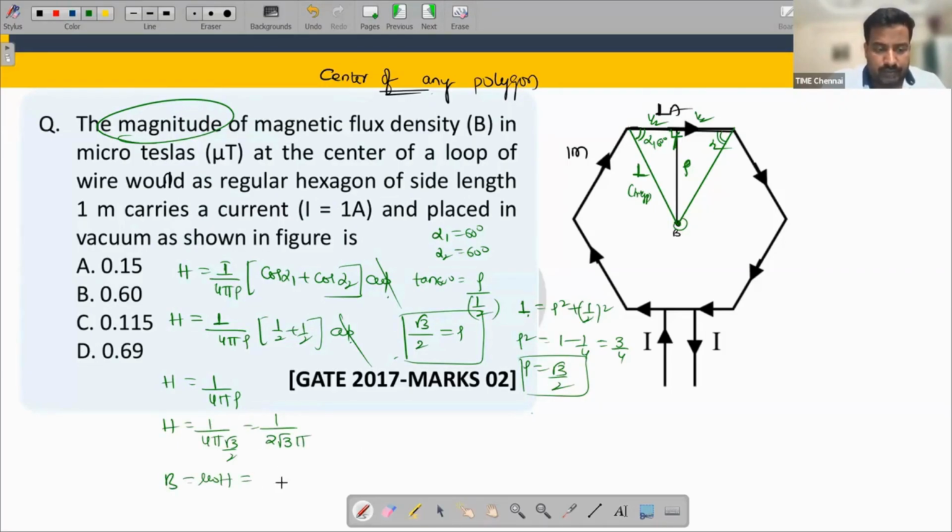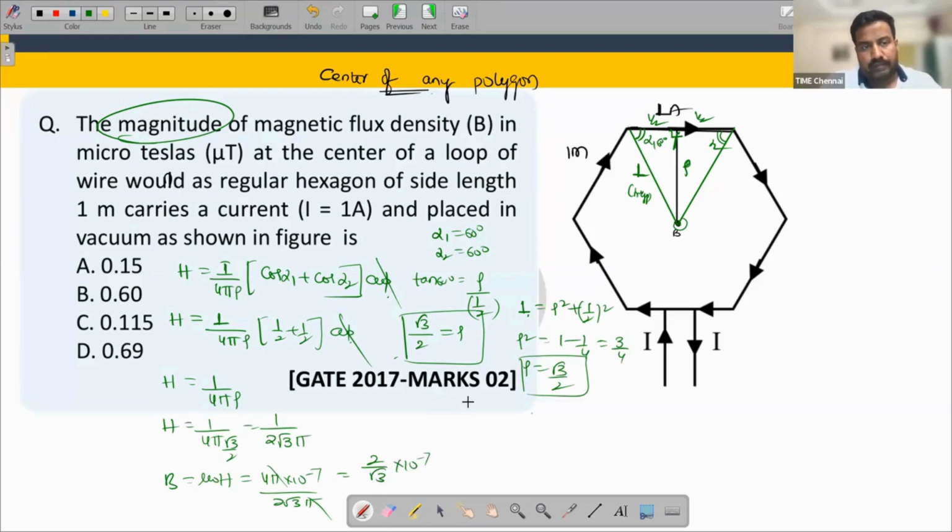B is mu naught H. 4 pi into 10 power minus 7 by 2 root 3 pi. Pi and pi get cancelled. This is 2 by root 3 into 10 power minus 7.